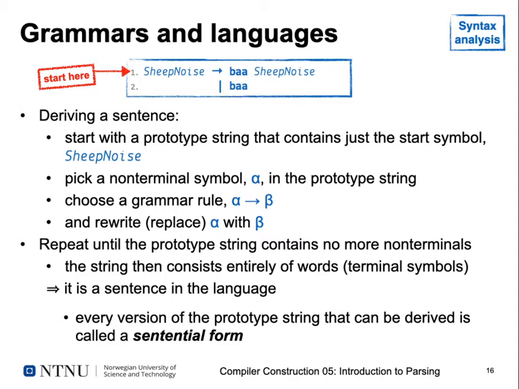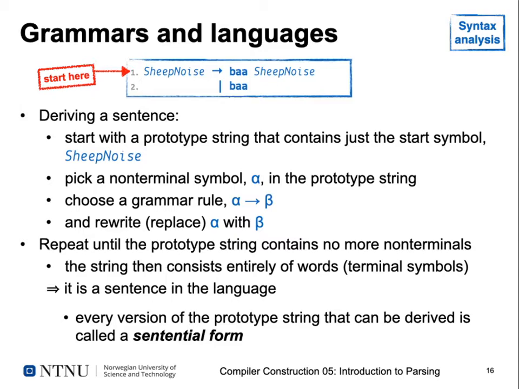Essentially we start with sheep noise, and this is the only non-terminal symbol, so we now need to take a look at which sequences can be derived from sheep noise. That can be either the first rule here, or the second one here, and then we can replace sheep noise by something on the right hand side. So we change our prototype string that contains sheep noise, for example, to contain bar sheep noise. And then we need to continue this until the prototype string contains no more non-terminals.